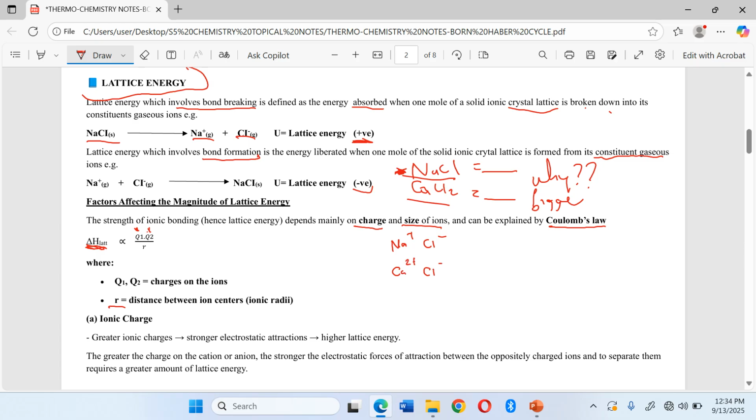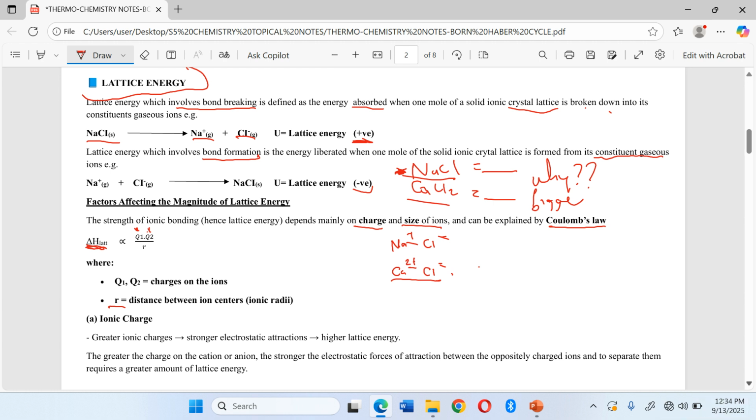So you can see here it has +2 times -1. Here it is +1 times -1. Which one will have a higher charge? You can see very well that calcium will have a higher one, because it is 2 times 1, which is 2. Here it is 1 times 1, which is 1. So let's see how this charge affects.